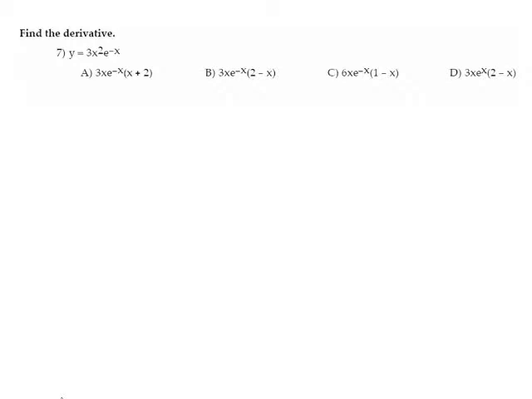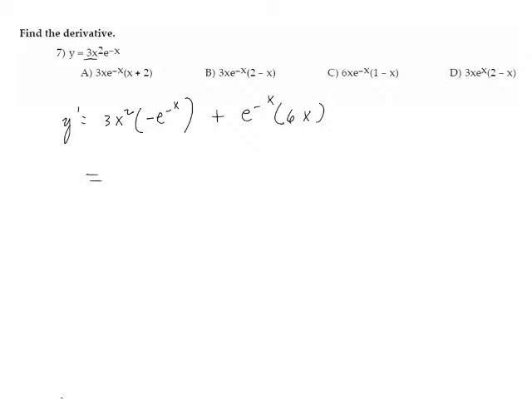Problem 7 is another function in which you need to take the derivative of a product. Notice you've got lots of practice here. Y prime would be equal the first function, which is 3x squared, times the derivative of the second function, which is minus e to the minus x, plus the second function, which is e to the minus x, times the derivative of the first, which is 6x.